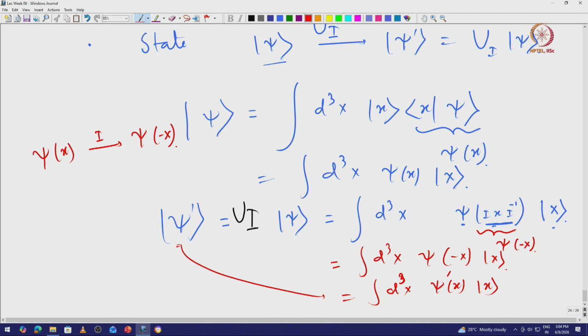So, I am just assuming that there is no change in the frame. If there is a change in the frame, that also has to be incorporated, and that we will talk about later. Okay. So, this is in the position space.